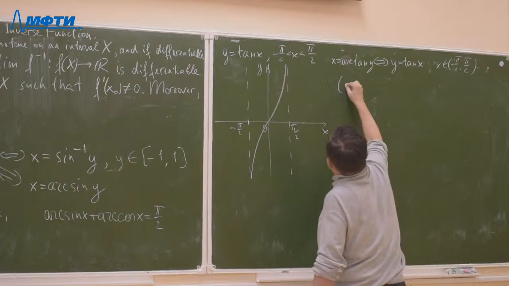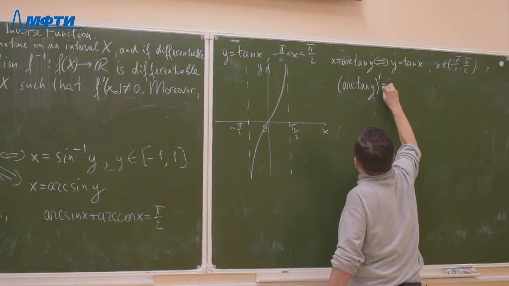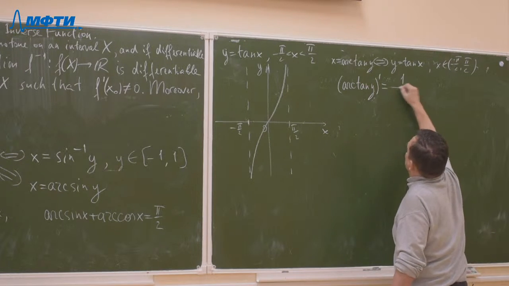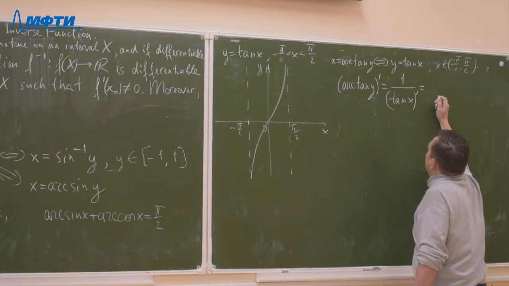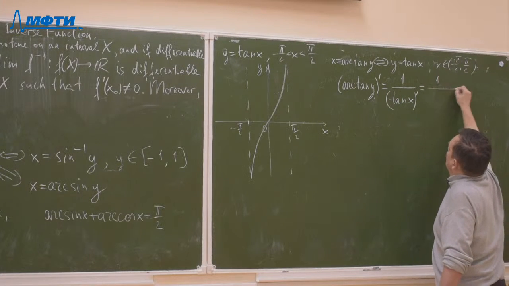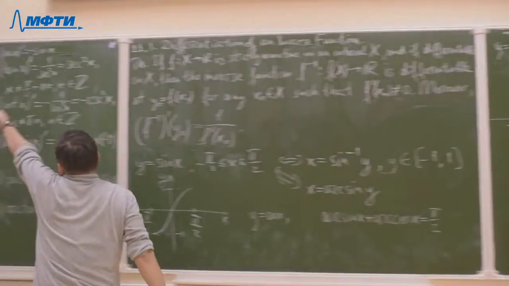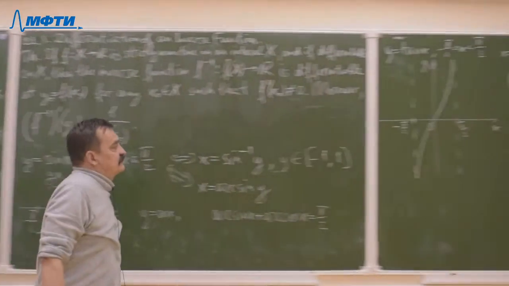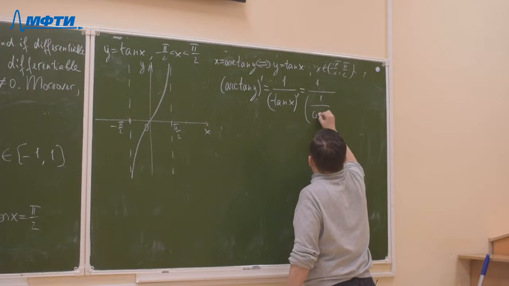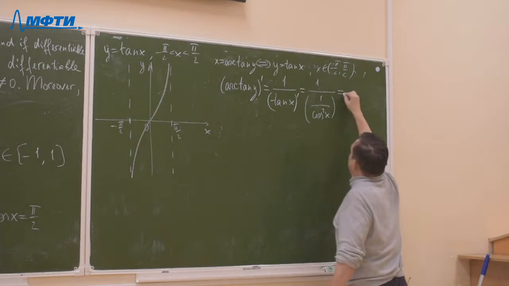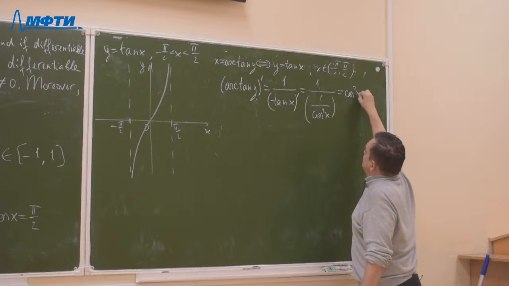So arc tan y prime is equal to 1 over tan x prime, that is 1 over the derivative of tan, which is 1 over 1 over cosine squared x, and that is precisely cosine squared x.